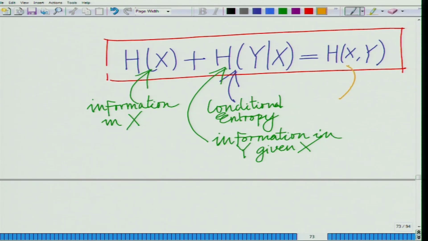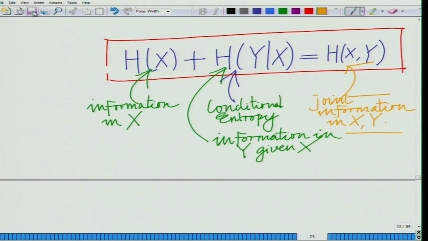This is the joint information in x comma y.